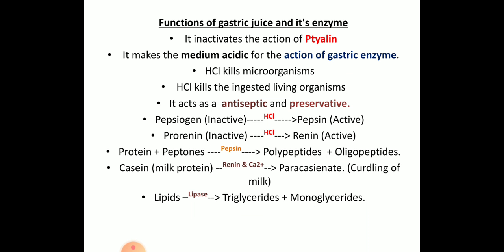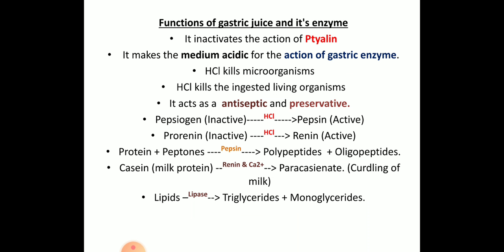So what is the function of this now? Hence we know the gastric juice is acidic in nature, so it makes the medium acidic and also supports the action of gastric enzymes. HCl kills microorganisms and acts as an antiseptic and preservative. It also activates enzymes which are kept in inactive form.